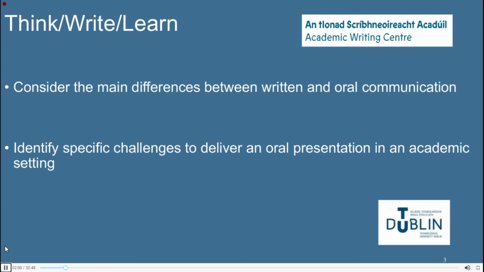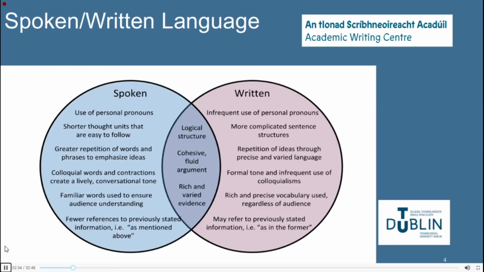These challenges can be of a technical nature, such as not knowing what program to use or how to do it, or of a personal nature related to confidence, or perhaps this is the first time you are required to present in a language that is not your first language. So this reflection will allow you to tailor what we cover later and adapt it to your own needs.